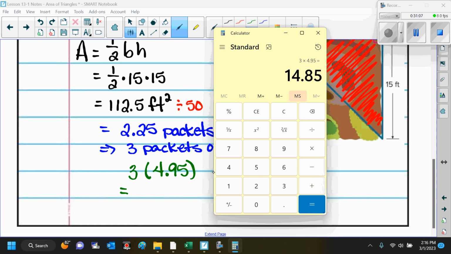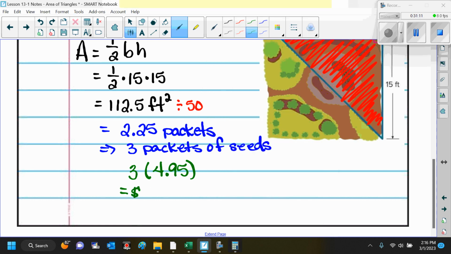That means he's going to spend $14.85. And then he'll have some extra seeds. And that's it.